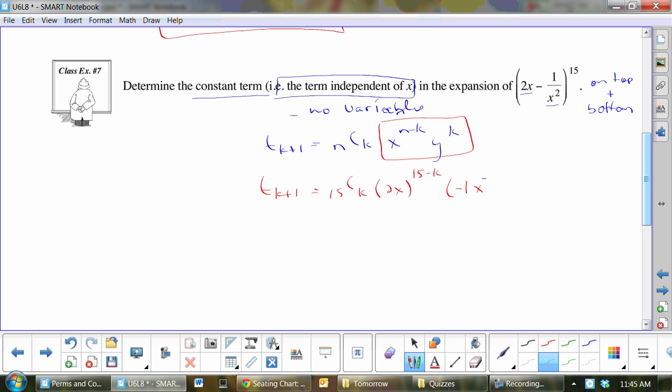Put this... Does everybody see that that is the same thing? Okay. 1 over x to the 2 is the same thing as x to the negative 2.